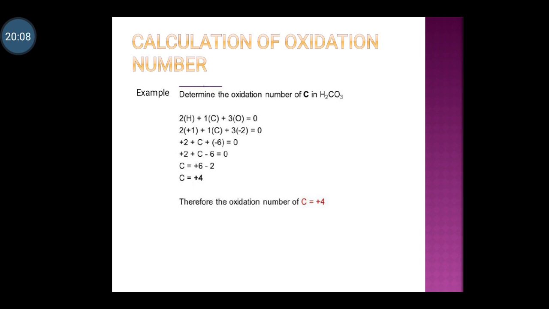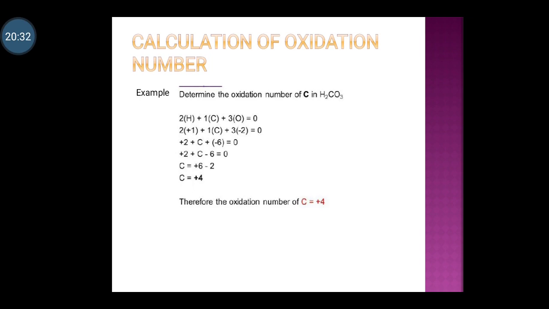So 8 minus 6 will be 2, and oxygen is a non-metal, so that's minus 2, equals 0. So 2 times 1 is 2, plus C, plus 3 times minus 2 is minus 6, equals 0. Now you have 2 plus C minus 6 equals 0.